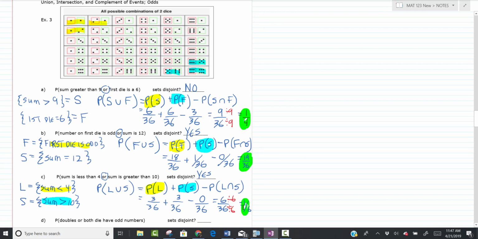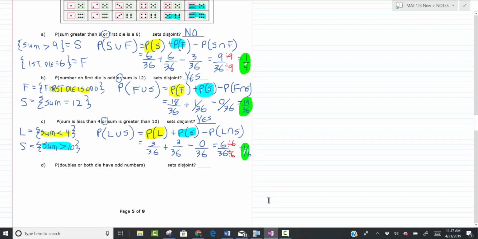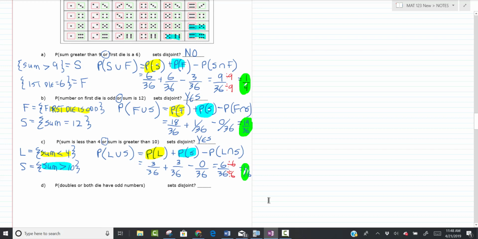Okay, let's see what we got on the next one here. All right, so the next one says we have the probability of both die have odd numbers. Oh, it's doubles or, okay, I didn't read that right. So it's doubles or both die have odd numbers. Okay, so again, I'm going to write the sets.